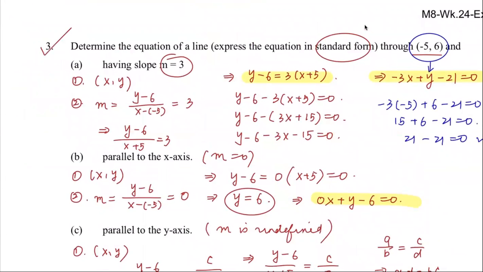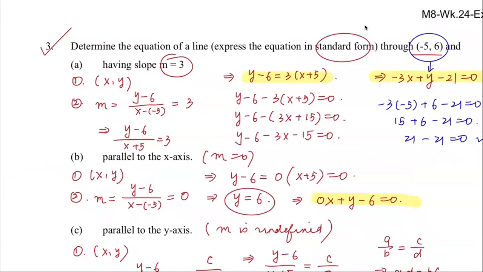This question is a little bit difficult to understand because when we deal with straight lines that are parallel to the x-axis and parallel to the y-axis, it's always relatively more difficult, right? Because we need to deal with special slopes.